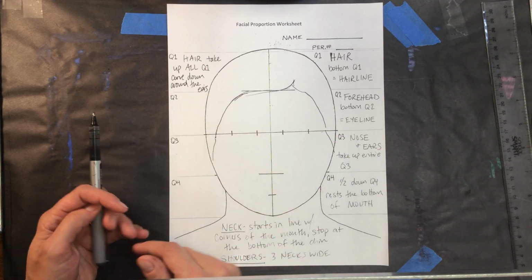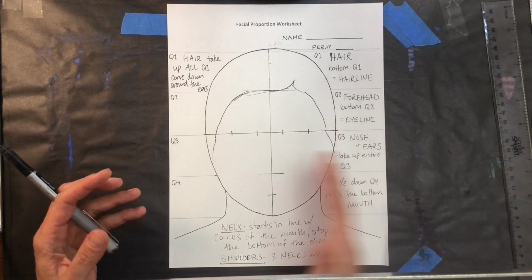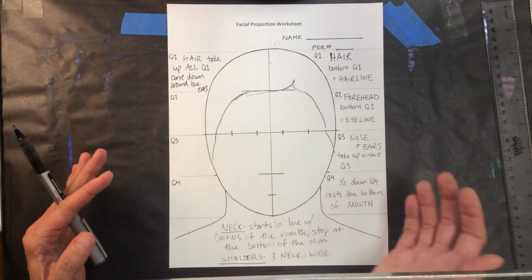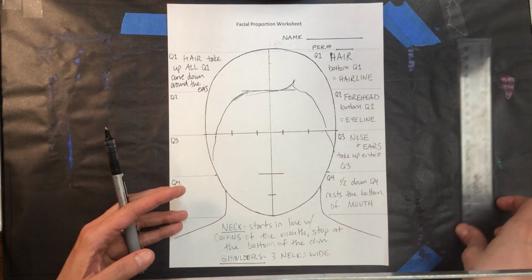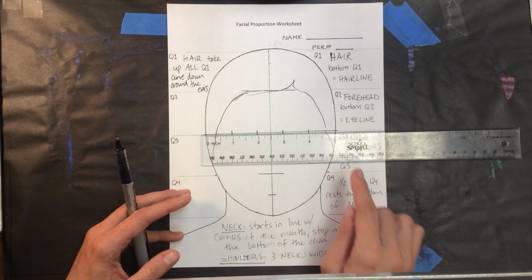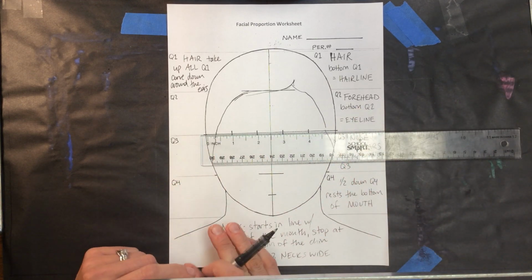What do we do with that information? Well, if you're drawing a large head, you measure the width and divide by 5. If you're drawing a small head, same thing. My drawing here is 5 inches wide. That makes it super easy for me. I just made all of those spaces 1 inch across.